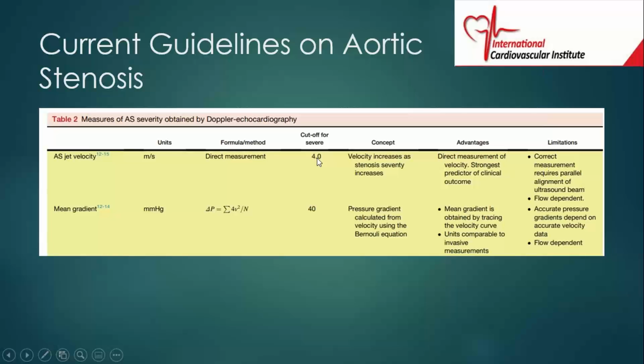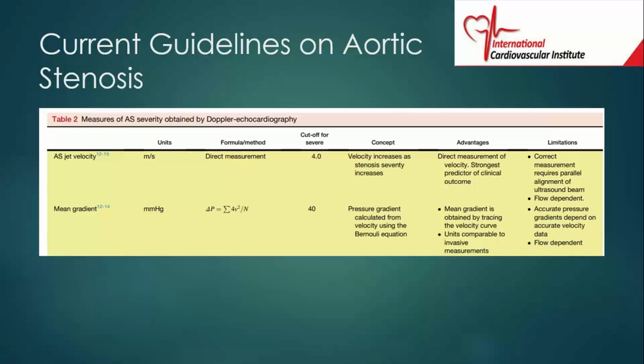Basically, it's a concept: the narrower an orifice, if you have fluid flowing through an orifice, and we usually use the garden hose, if you narrow the nozzle, the water goes further, the velocity increases. So velocity increases as stenosis severity increases. This is a direct measurement, and if you see 4 meters per second, you think about severe aortic stenosis.